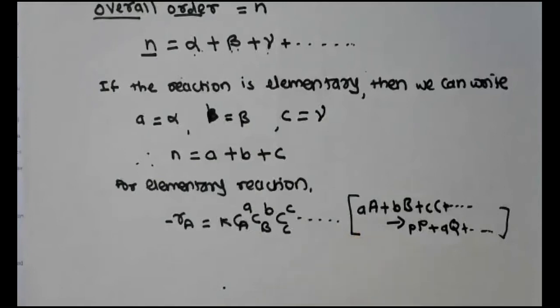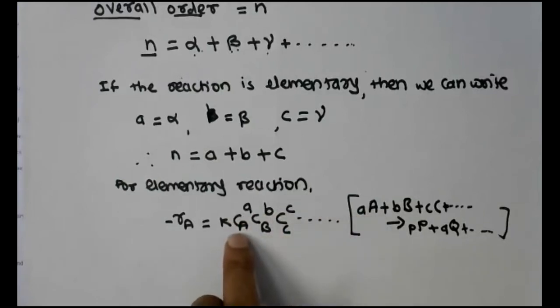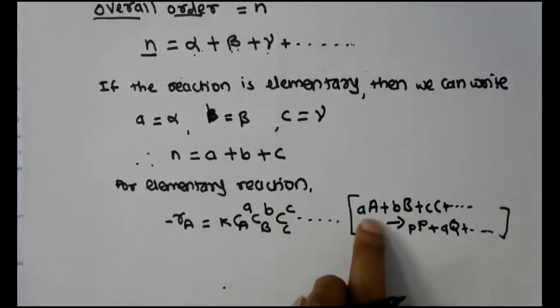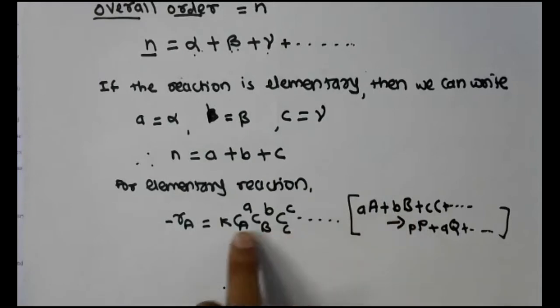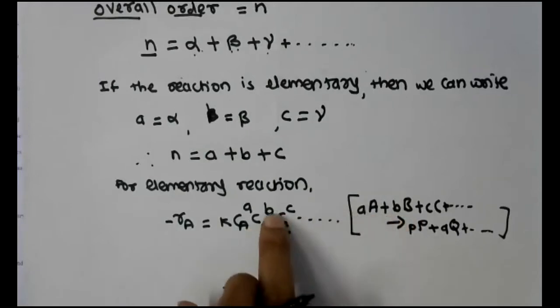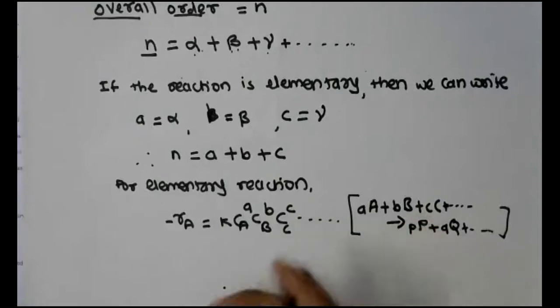So please remember, if it is an elementary reaction, these stoichiometric coefficients are directly raised as the power of the concentration terms related to that reactant. So for reactant A, its power will be a, the stoichiometric coefficient. For B, its power will be b. For C, its power will be c, the stoichiometric coefficient.